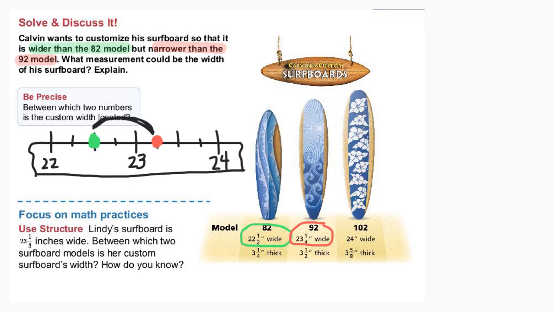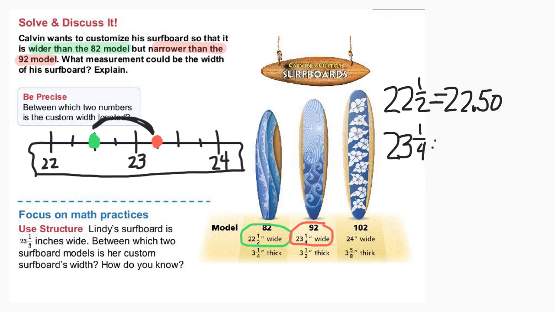If I wanted to change these to a decimal, because sometimes decimals are a little easier, 22.5 is the same as 22.50. And 23.25 is the same as 23.25.